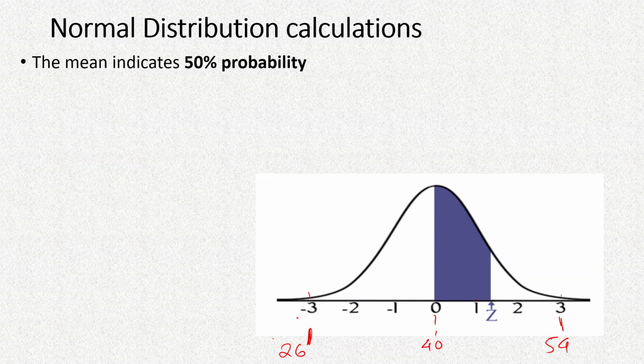Now if somebody asks what is the probability of completion within 40 days, then we'll have to say that the area of this normal distribution curve up to the value 40 is the probability.